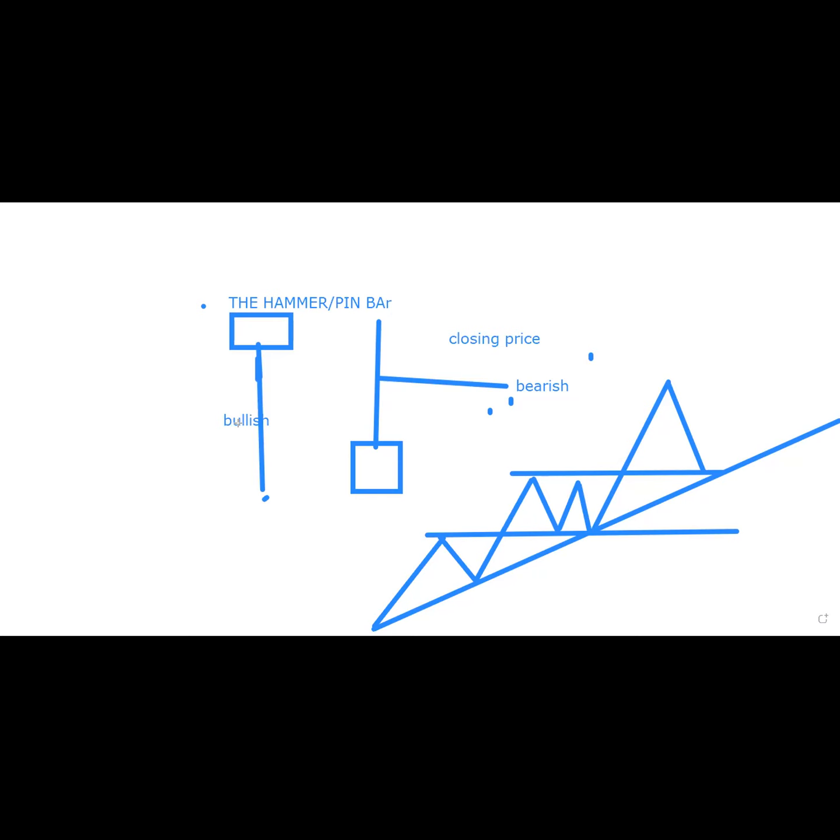Inside that uptrend, remember I've given you the cheat chart in your notes: you see them mostly around a major support or demand area, and those demand areas are stronger around the trend line. If this is an uptrend, there's going to be an upper trend line and a lower trend line. Look for those lower trend line areas. You're going to see the bullish pin bar there. So circle 5 and send me a screenshot.